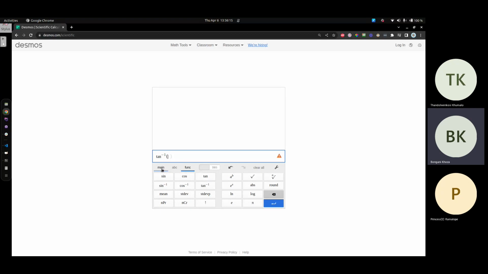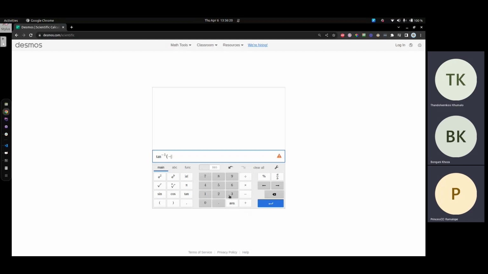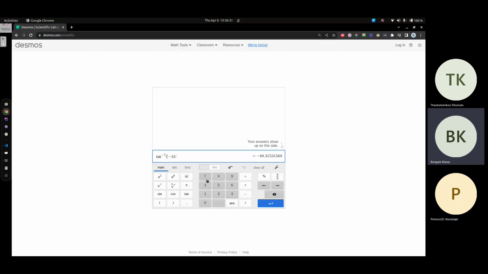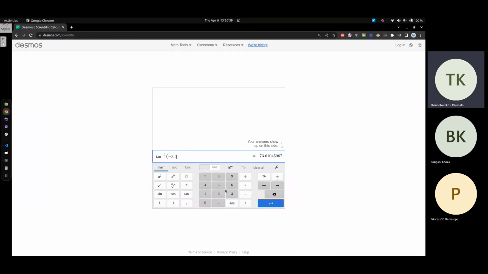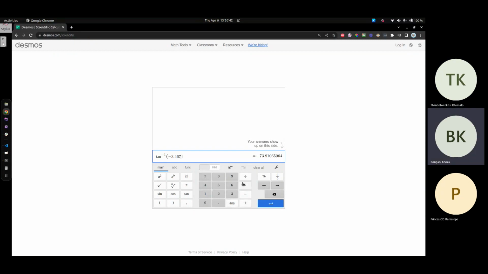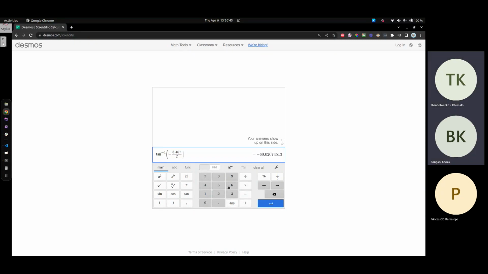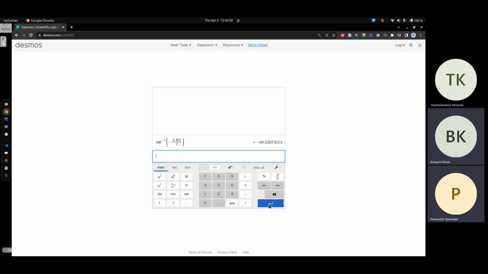So the number we had was negative tan theta equals 3.467. Delete, 0.467, like that. And then we divided that by 2. So this is what we had. Yes. So it's supposed to be negative 60 like that.